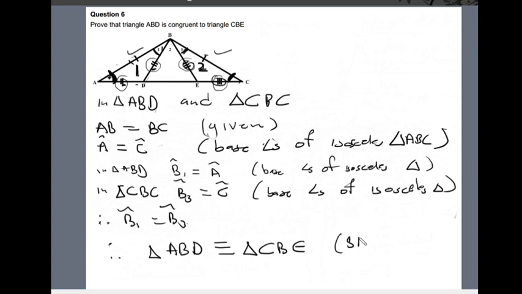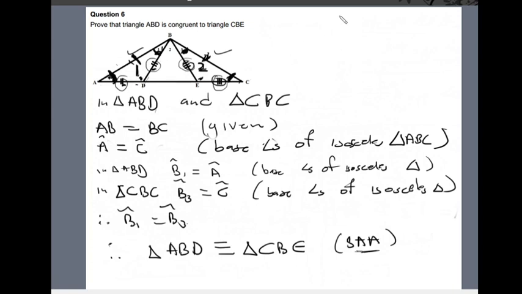I'm not sure about the order of those letters, but the reason why these two triangles are congruent is because this side is equal to that side, this angle is equal to that angle, this angle is equal to that angle, and then it follows that this angle will be equal to this one. So the corresponding angles are equal, the corresponding sides as well are equal. So therefore these two triangles are congruent.